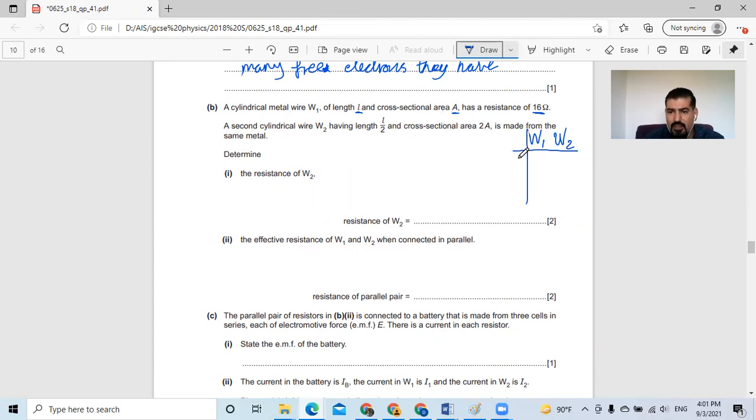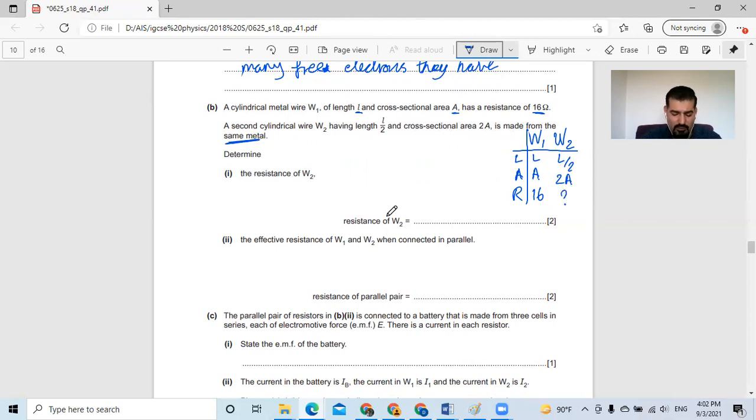And they say that the length is L, the cross-section area is A, and the resistance is 16. Now wire 2 has a length of half L, so L divided by 2, and a cross-section area of 2A, and it's made of the same metal, same material. Determine the resistance of W2. They ask about this value.